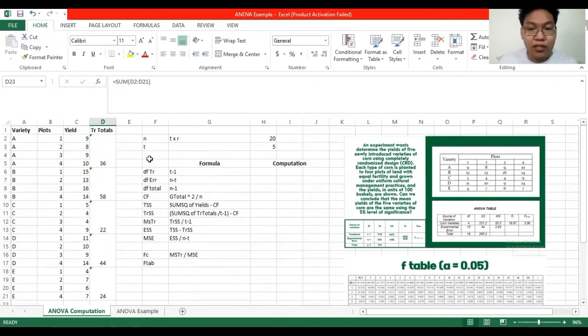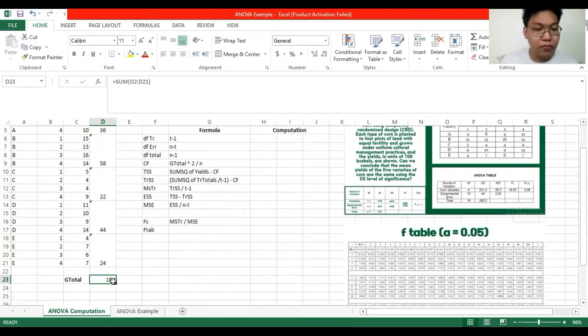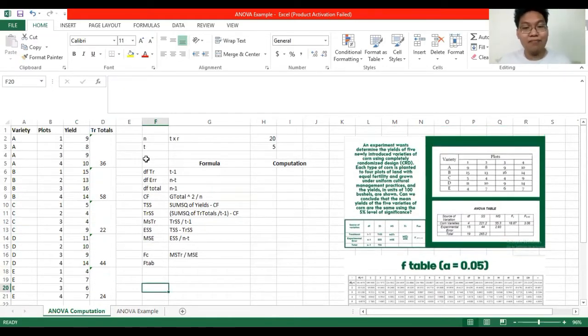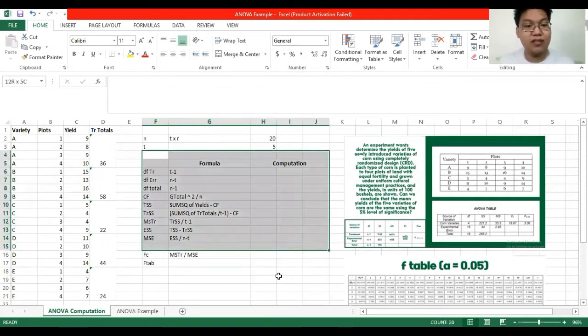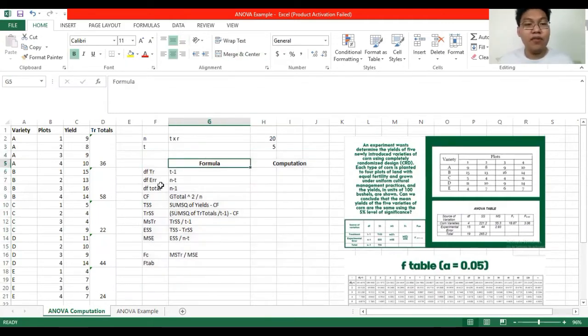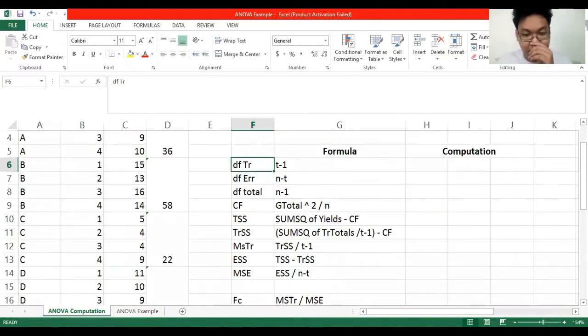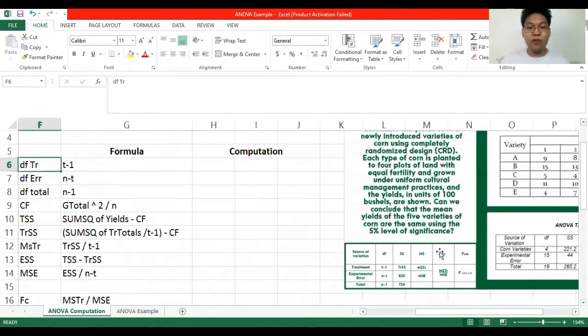Okay, so for this, the next thing we need to do is to calculate this. First we have DF for the treatment. This is in this part of your ANOVA table, if you can remember from our past discussions. This is your ANOVA table, right?